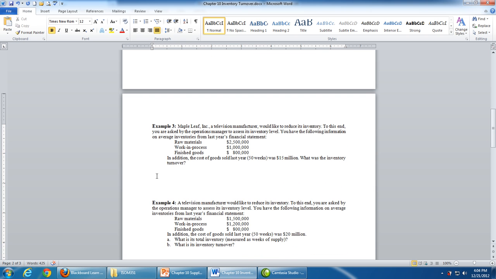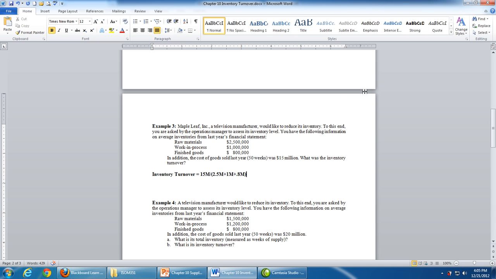Next, example 3, asking for inventory turnover. Average sale is 15 million divided by raw material 2.5 million plus 1 million for work in process plus 0.8 million for finished good.